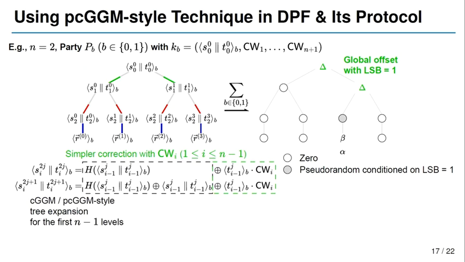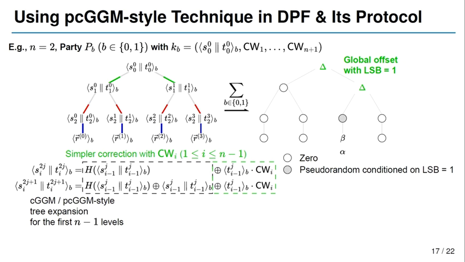And in our protocol, we observe that we can have a simpler correction with each CWi for the first n-1 levels. Here we color the correction in green. And our tree expansion follows from the CGGM or the PCGM tree expansion for the first n-1 levels.